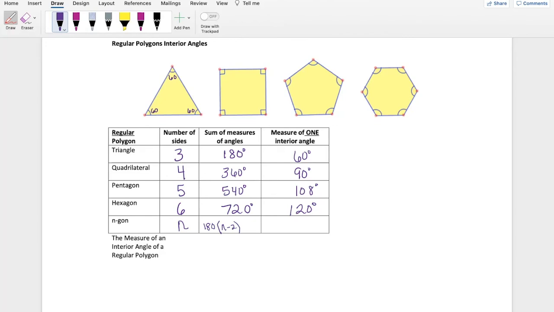And so what we're doing here is whatever the sum of the total amount of angles is, we were dividing by the number of sides because that was the same amount of angles. And that gives us one interior angle. So to find the measure of one interior angle, we were taking our total amount, our sum of the total, and dividing it by however many angles there were, the number of sides.